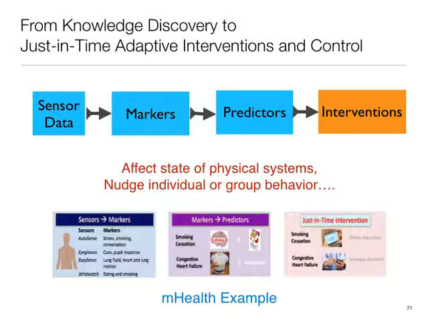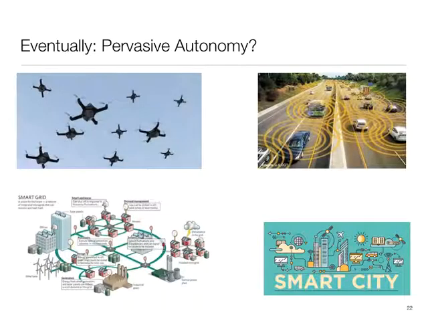If we can detect precursors to certain behaviors, then the system can intervene and try to nudge or change the behavior, by giving you notifications or maybe having a caregiver intervene. These are all examples of control systems, except control systems which now involve humans. Mobile health is a great example of it, but there's no shortage.